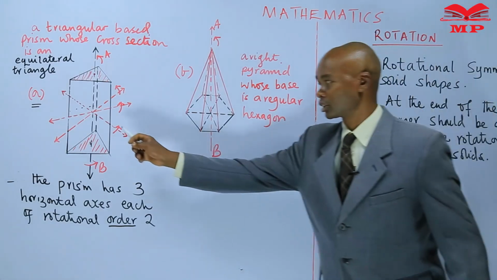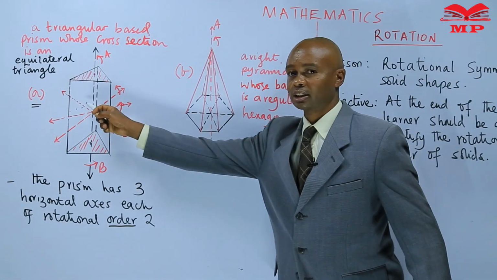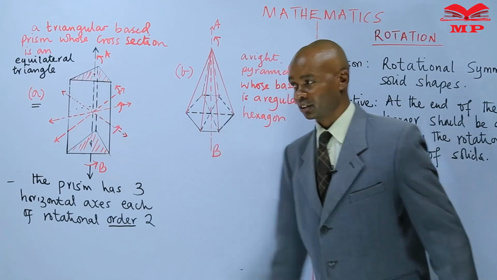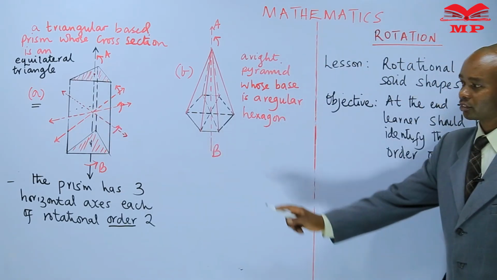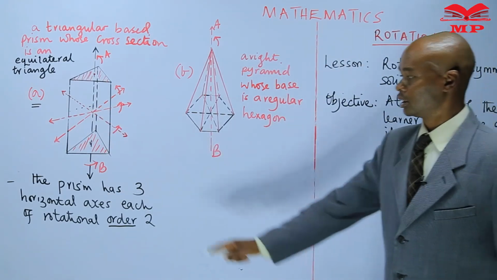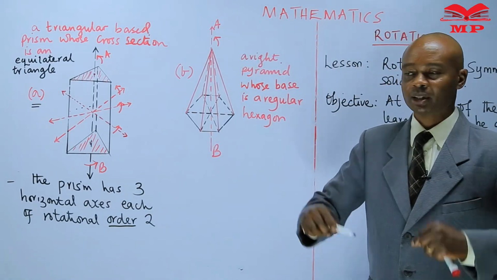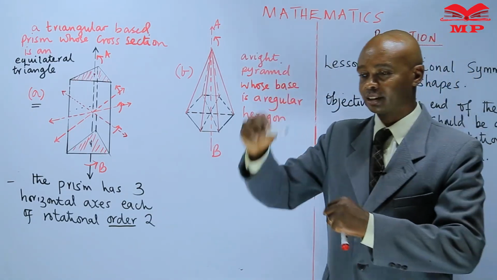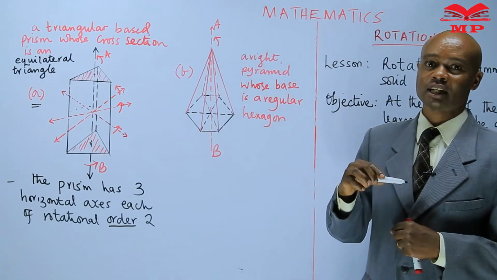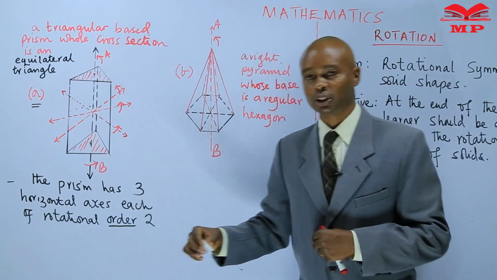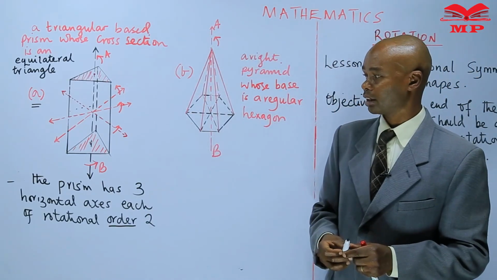So one of the axes is from this corner to the center of that rectangular face. So the prism has three horizontal axes, each of rotational order 2, meaning if you rotate half turn, it will map onto itself. Another 180 to complete that, it will map onto itself.